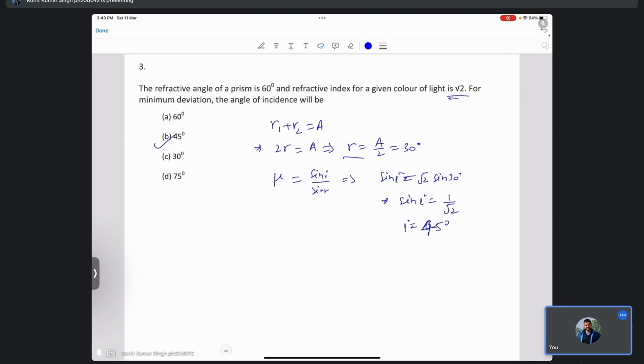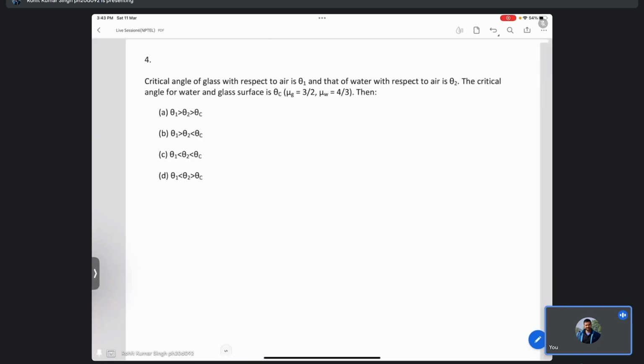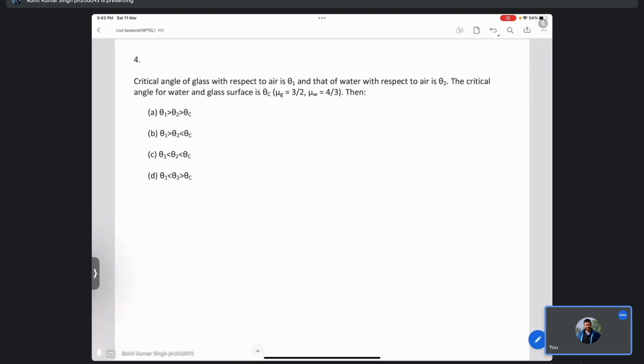It was also an easy problem. Just you have to know this condition that for minimum deviation, all the angles are equal, I1, I2, and R1.